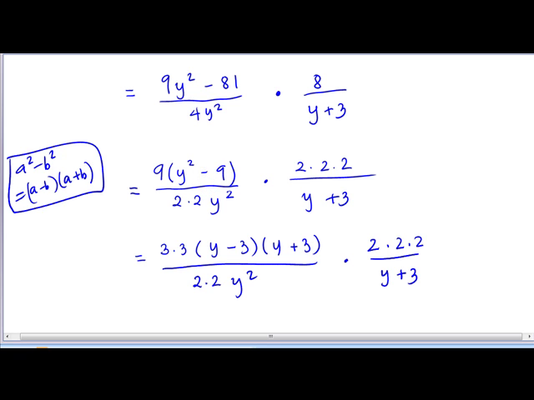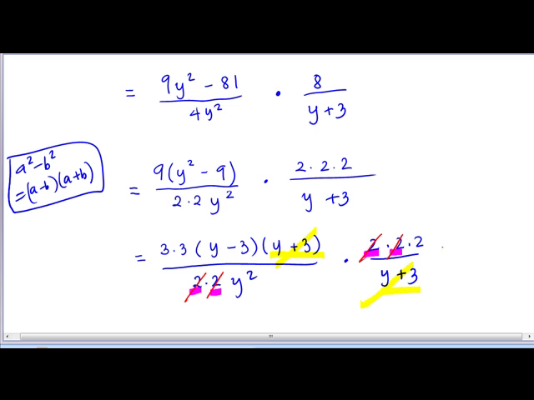So when you're done with factoring, I'm going to simplify. This 2 here and this 2 here get cancelled out. This here and this 2 here can also cancel out. And then the y plus 3 and the y plus 3 can cancel out like that.